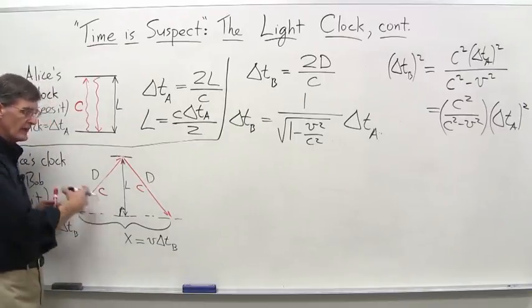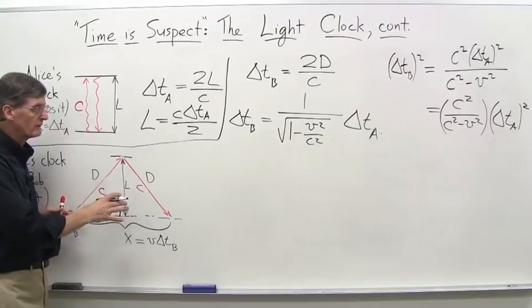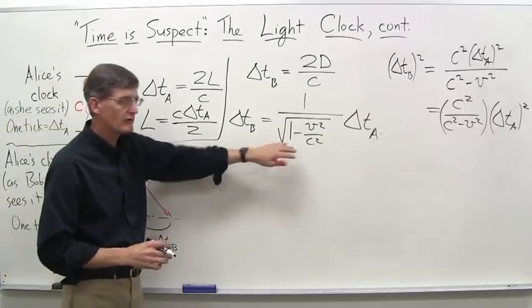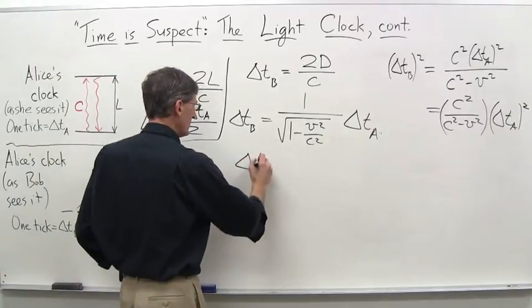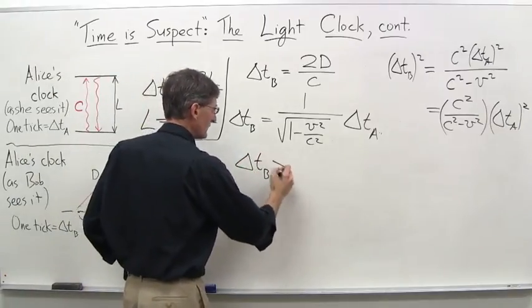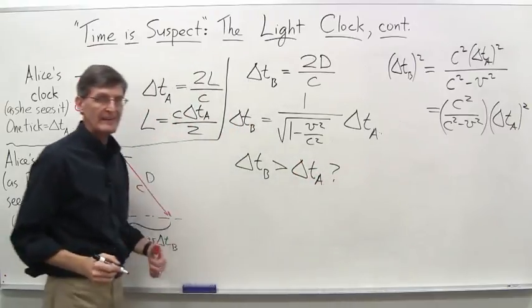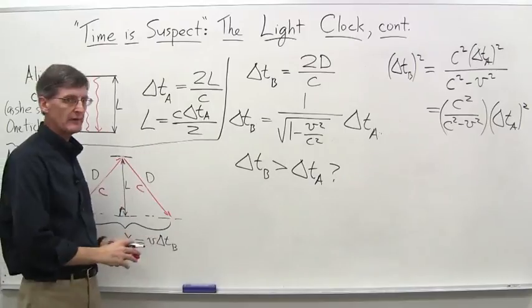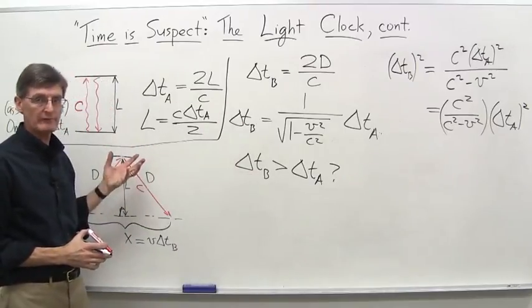Again, the idea is that the moving clock ticks more slowly from Bob's perspective. Does this result here also indicate that? Is delta TB greater than delta TA? If it isn't, after all that manipulation, then probably we made a mistake someplace along the way, or our earlier analysis is incorrect.